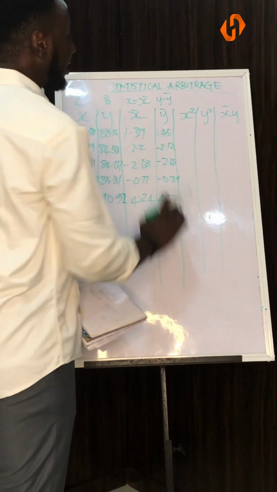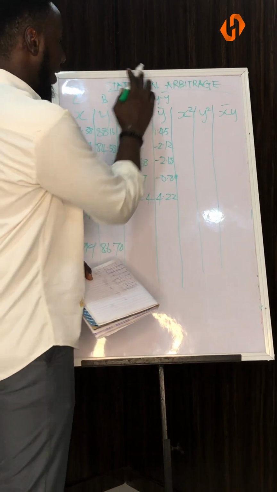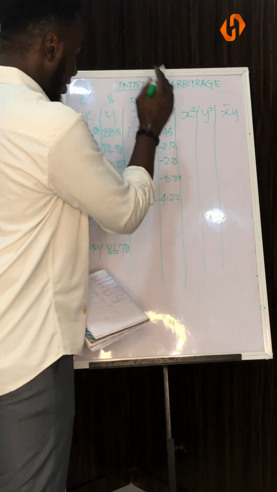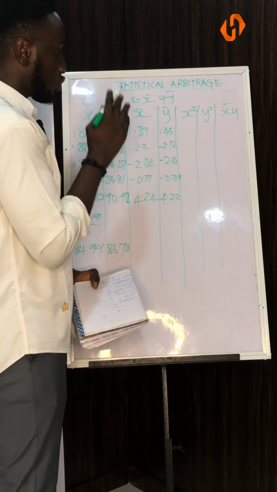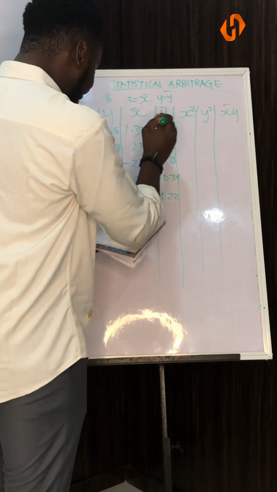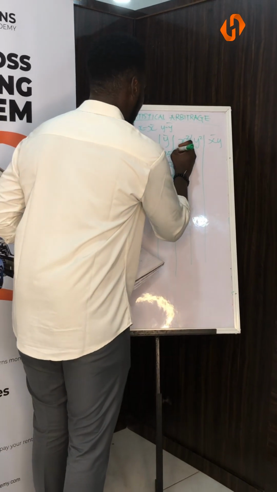Now to get X squared, we square each value: 1.39 squared, minus 2.2 squared, minus 2.68 squared, minus 0.77 squared, and 4.24 squared. So 1.39 squared gives us 1.93 for X squared.